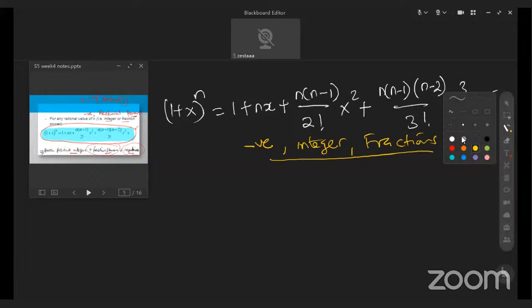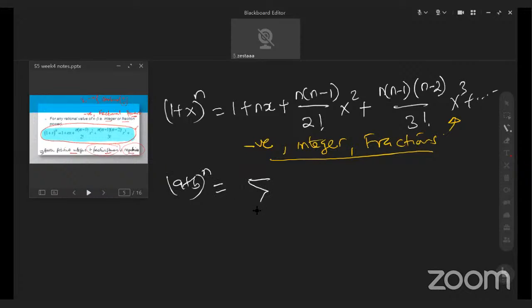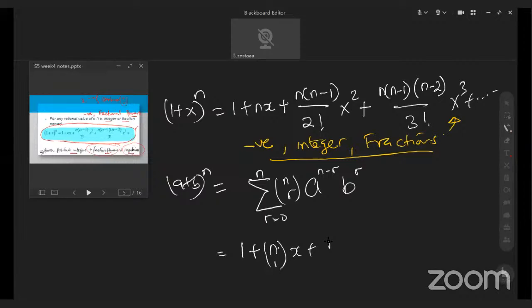Now, for the other one, where we have a plus b to the power of n, we are saying summation from r equals 0 to n of n combination r, a to the n minus r, b to the power of r. Or we can also write it as 1 plus n combination 1 x plus n combination 2 x squared plus n combination 3 x to the power of 3, and on and on.